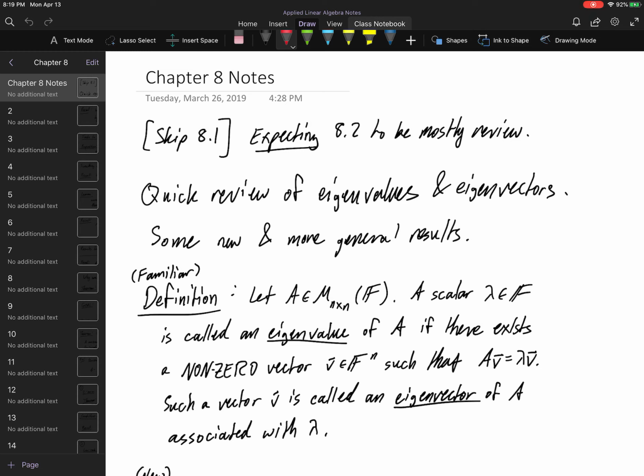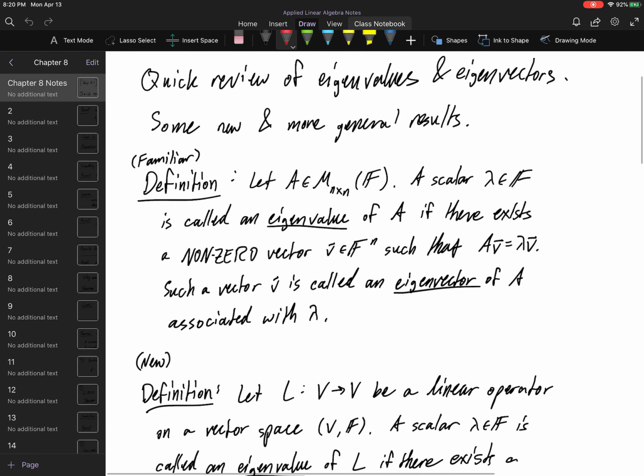So, quick review. We're going to remind ourselves what the objects in play are. Let's take a square matrix A, an n by n matrix, and F is just going to be some arbitrary field.